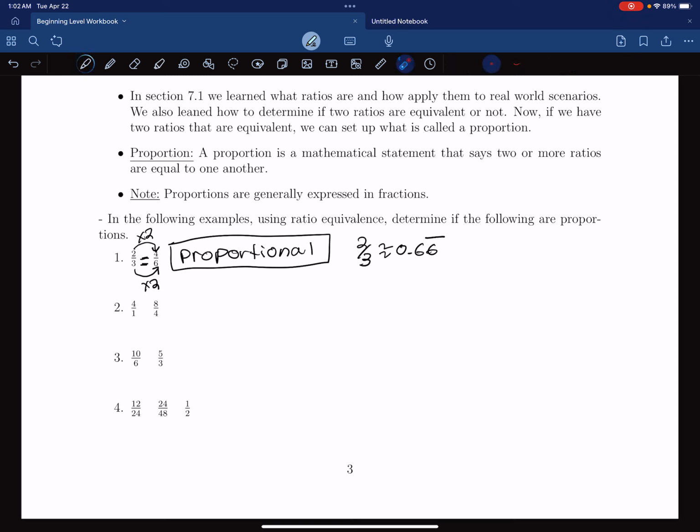If you don't know this line I just put on top of the 6, this line means repeating. So 2 divided by 3 is 0.66 repeating. And if you take 4 and divide it by 6, you will also get approximately 0.66 repeating. So since these two values are the same, we can say that they're equal to each other and that they are proportional.